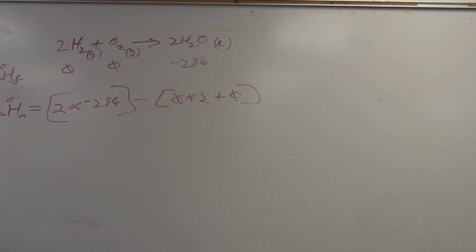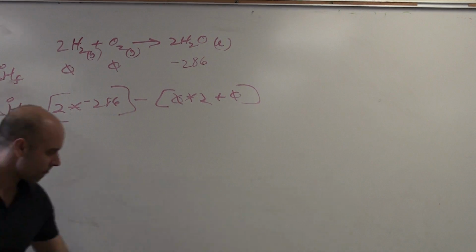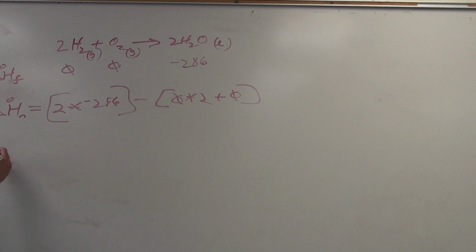Products minus reactants. The other way you could find the delta H of this reaction is to look at the bond enthalpies. This method is longer because you have to calculate the energy it takes to break all the bonds, and then subtract the energy it takes to form the bonds.